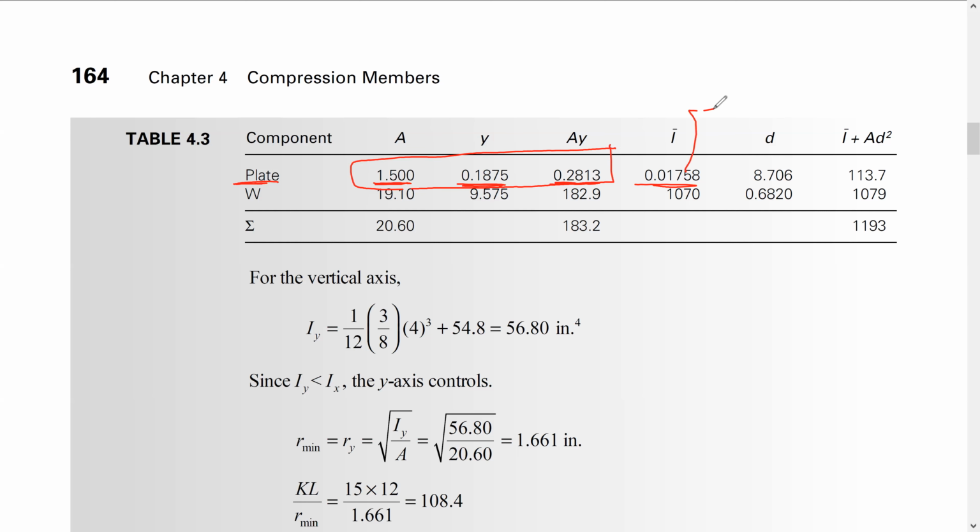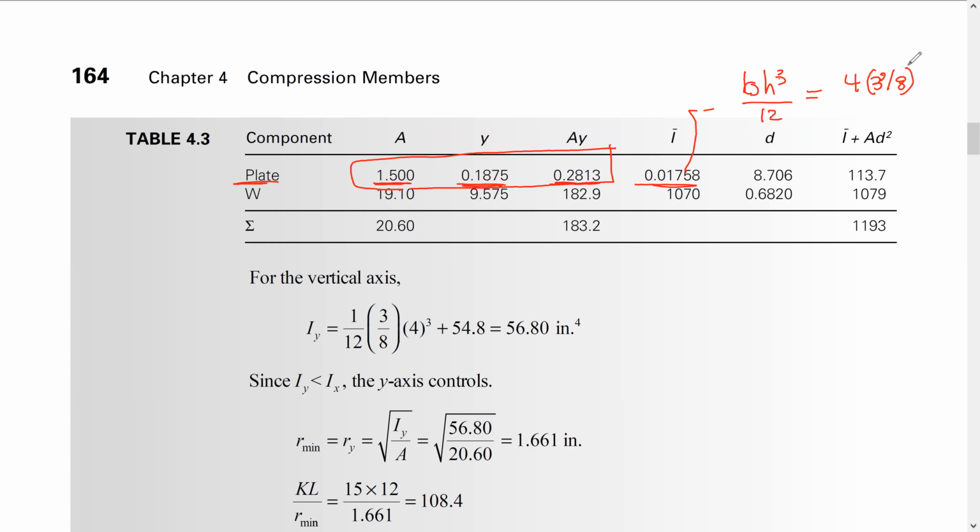I here for the plate is equal to BH cubed divided by 12. B is 4, H is 3/8.